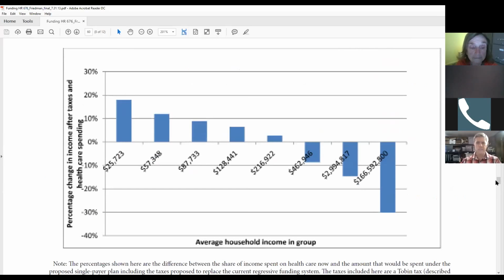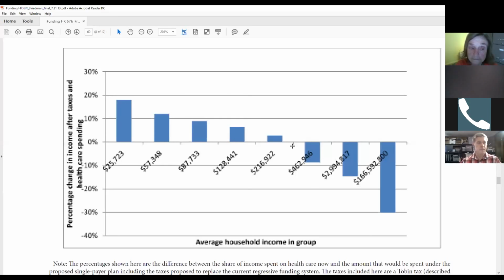Who is going to save money under Medicare for All, and who's going to have to pay more under Medicare for All. And so Dr. Friedman's analysis is that the break-even point is somewhere between $216,000 and $262,000 a year. Any individuals that are making between that amount, it's probably going to be a wash for them. They're not going to pay more. They're not going to save anything. Anybody who's making less than probably about $220,000 a year is going to save under a Medicare for All system.